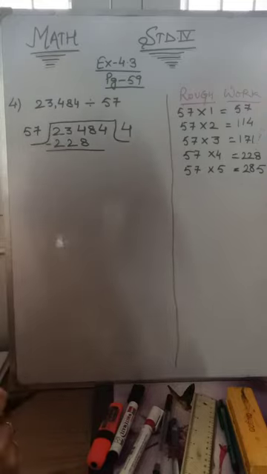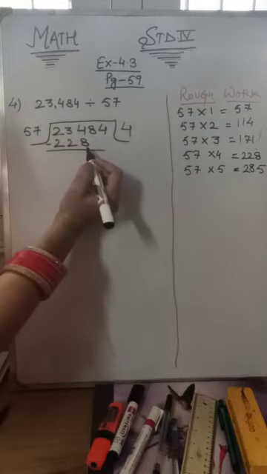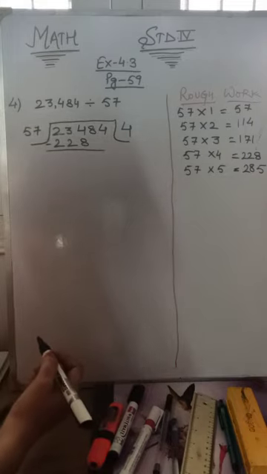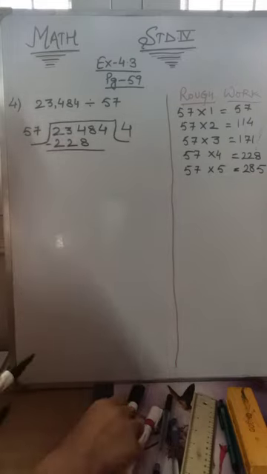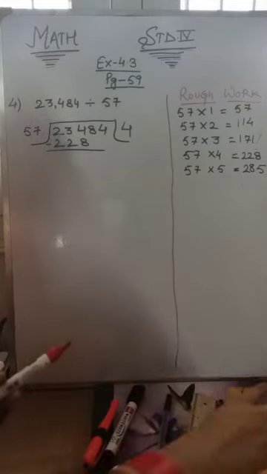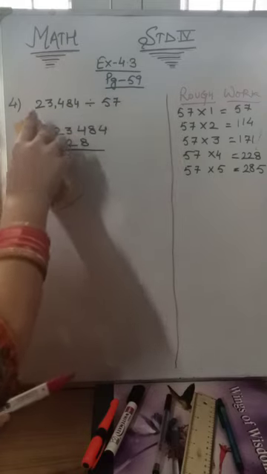As I told you, 4 is smaller than 8, so we will not be able to subtract it. So we will carry 1 from 3. Let's make more space here.